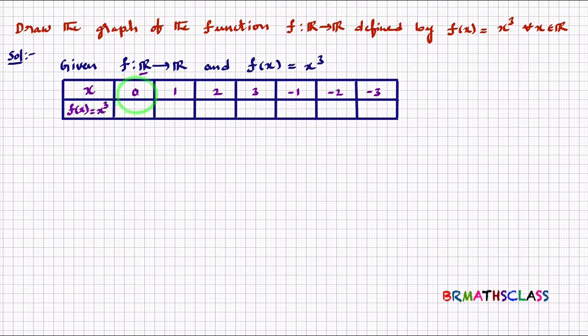Observe here, when I take x as 0, f of 0 is 0 cube, and 0 cube is 0. f of 1 is 1 cube, which is 1. f of 2: 2 cube is 8. f of 3 is 3 cube, which is 27. f of minus 1: minus 1 whole cube is minus 1. f of minus 2: minus 2 whole cube is minus 8. f of minus 3: minus 3 whole cube is minus 27.